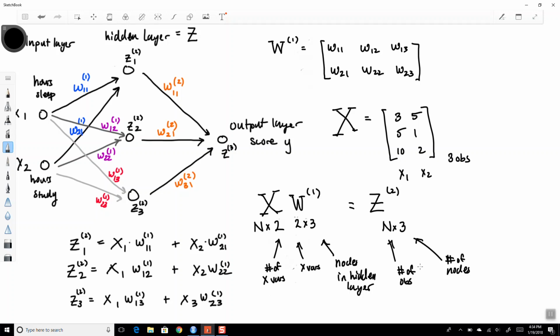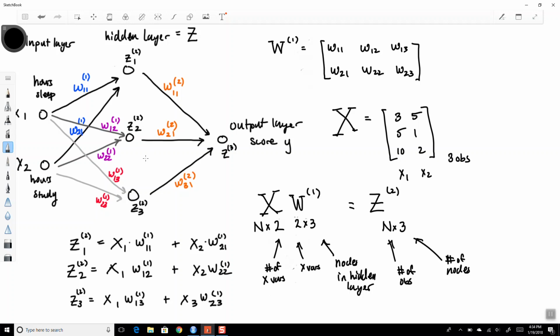Okay, and if I had 100 observations, I would have 100 rows and 3 columns. Yes? Yeah, the number of nodes is arbitrarily chosen ahead of time. So here I said we're going to have 3 nodes. If I wanted 50 nodes in the hidden layer, I could have 50 nodes.